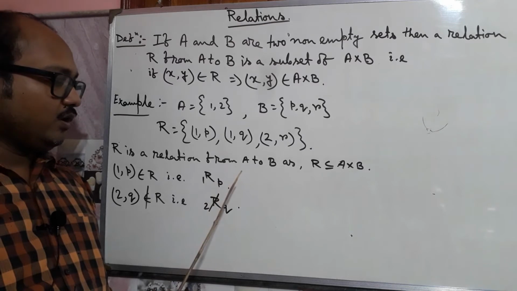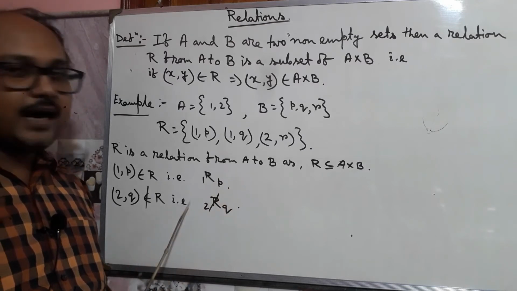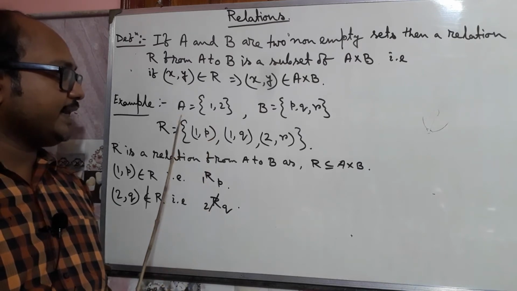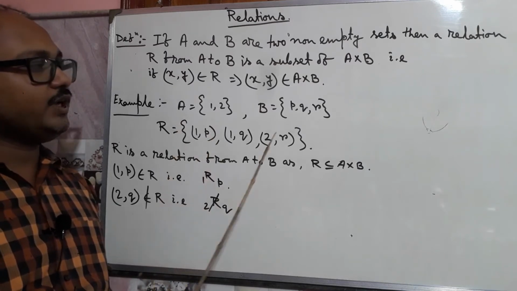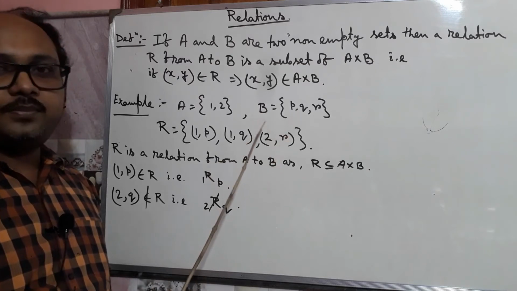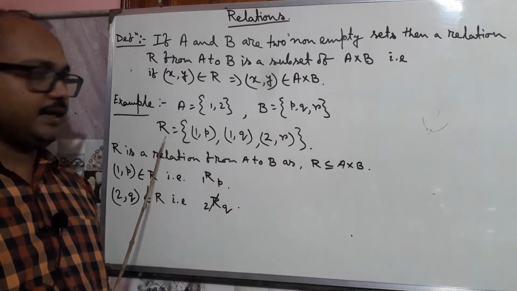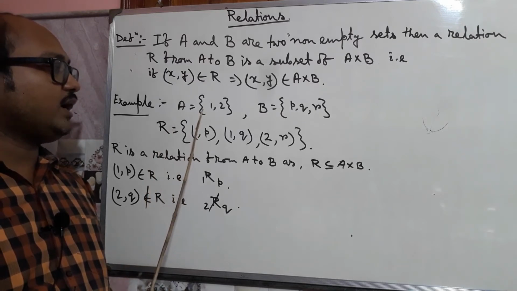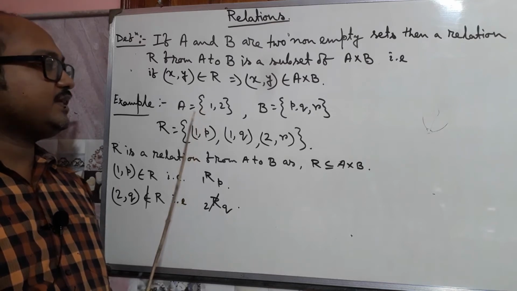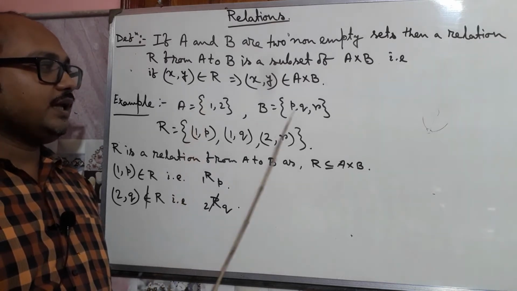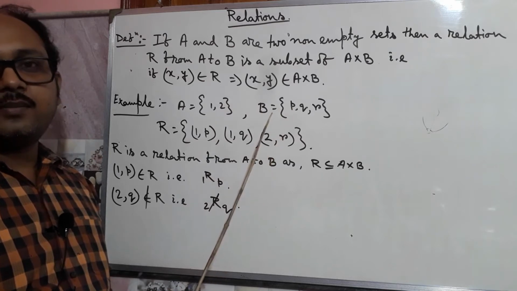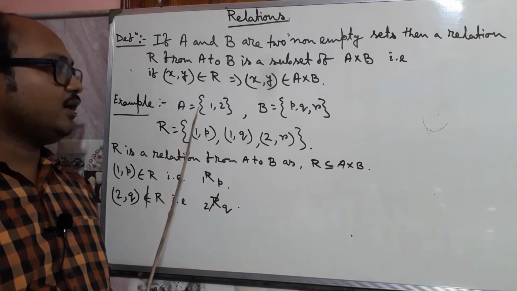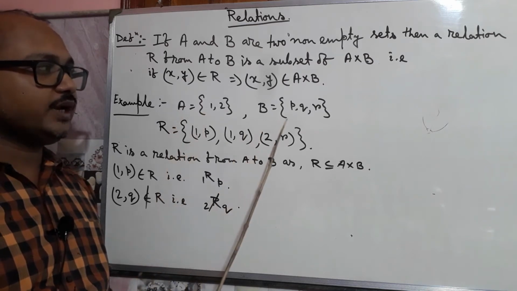But the element (2,Q) is not in R. That means the element 2 of the set A is not related with the element Q of B by this relation R. But (1,P) means the element 1 of the set A is related with the element P of B by the relation R. Here A is the domain set and B is known as codomain.